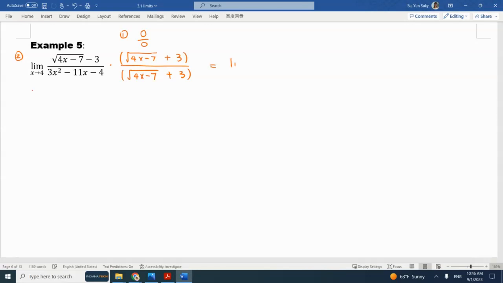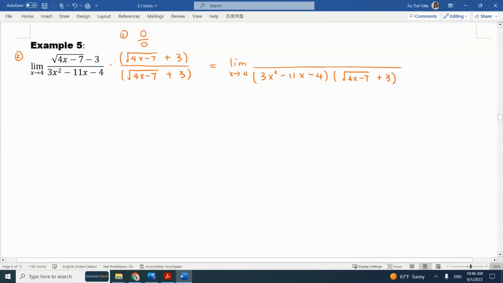So now we got the limit as x goes to 4 of 3x squared minus 11x minus 4, and in the denominator we still have this guy, square root of 4x minus 7 plus 3. But the numerator, you see, a minus b times a plus b is a squared minus b squared.